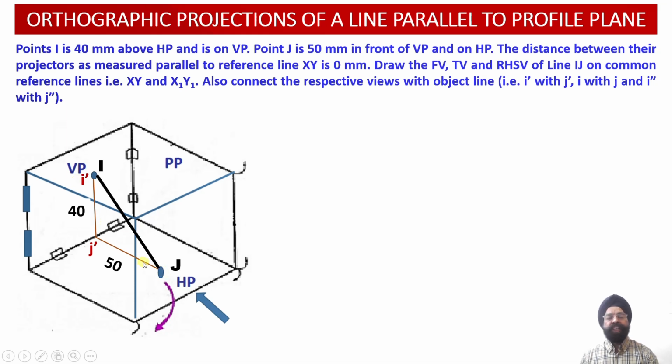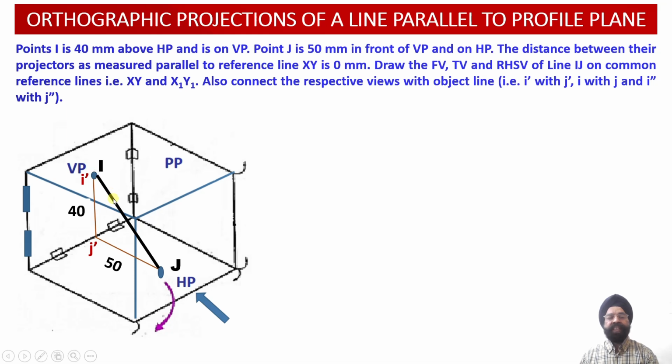Similarly, point J dash will be projected onto the XY reference line. So I dash has been obtained, J dash has been obtained as front view projections of this line. So we will be able to obtain I dash J dash as the front view projections onto the vertical plane.